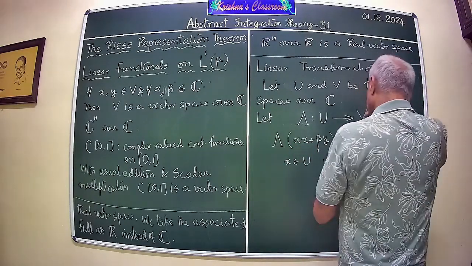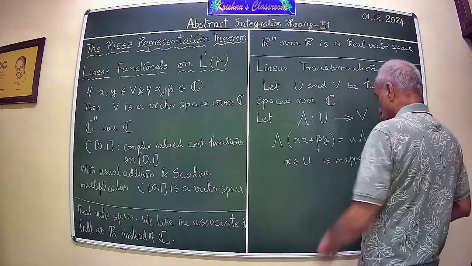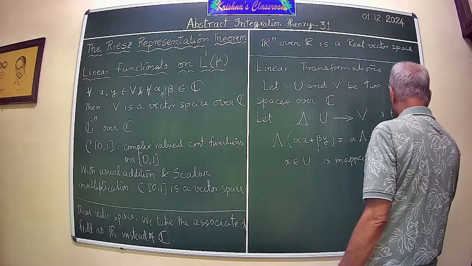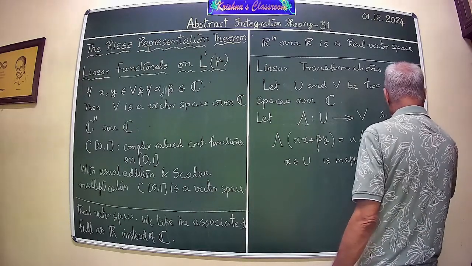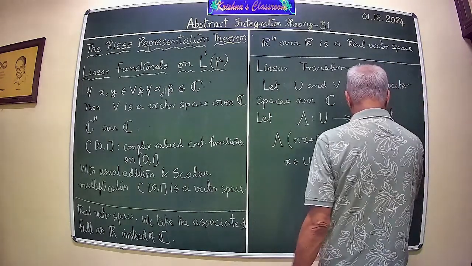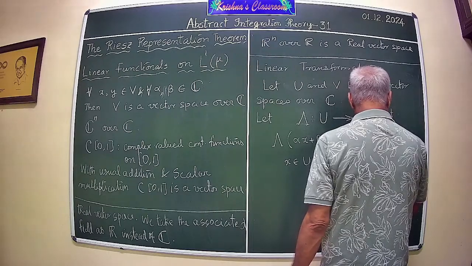This has to be alpha lambda x plus beta lambda y. This is for every x, y belonging to U, and of course alpha, beta belonging to C.